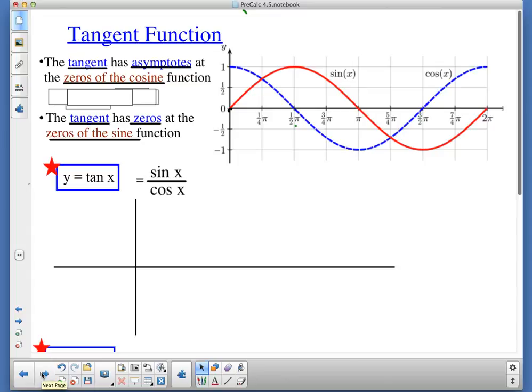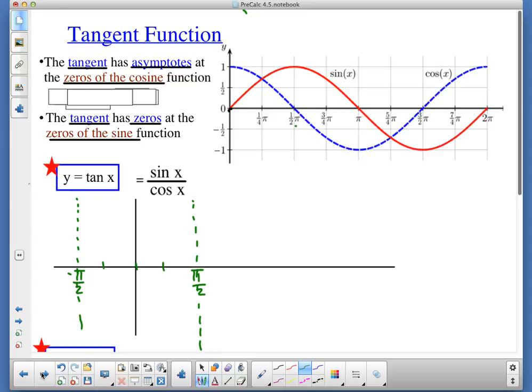Now, when we're doing this, again, if I'm talking about tangent, okay, and I'm getting this going, we've got negative pi over 2, okay, coming through. I've got negative pi over 2. I got pi over 2. Okay, and I got negative pi over 4, I got 0, and I got pi over 4. Well, I'm going to be doing the same thing here as I break this down and make my points as I go here.